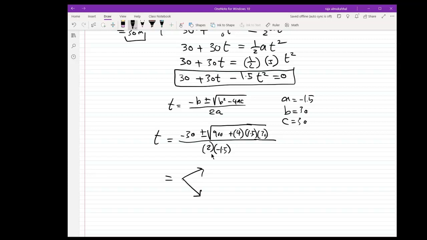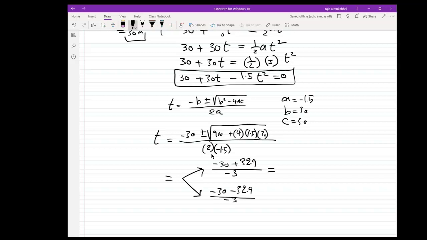You're going to get 2 roots, like I said. The first one is minus 30 plus 32.9 over minus 3, if you work out the square root here. And then the other one is minus 30 minus 32.9 over minus 3.